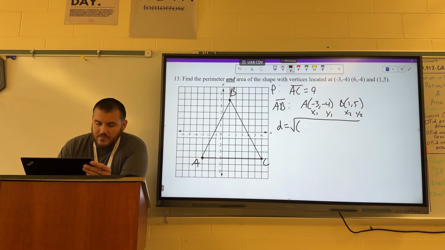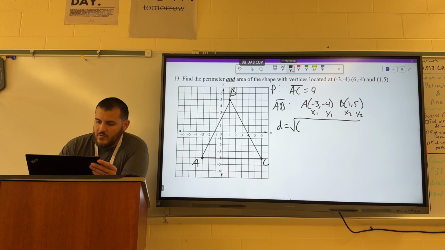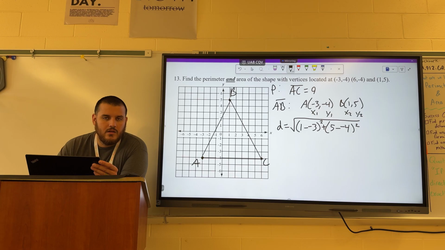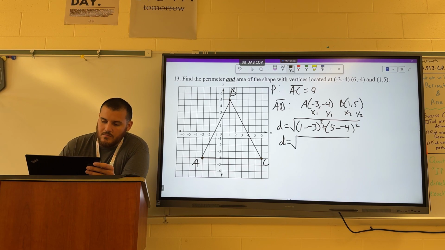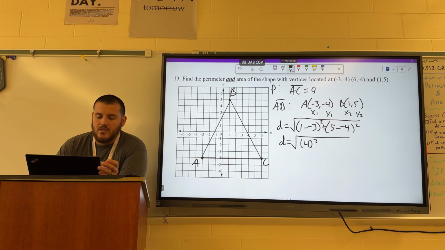Hopefully you're getting the hang of distance formula at this stage. x2 minus x1 would be 1 minus -3. That gets squared, then added to y2 minus y1. So 5 minus -4 gets squared. Order of operations tells us parentheses first. 1 minus -3 is +4. Guys, please use your calculators.